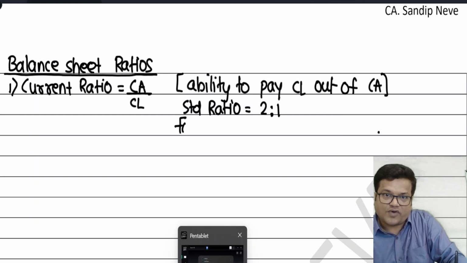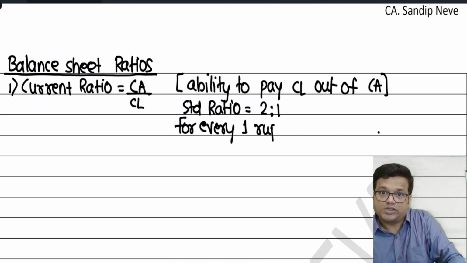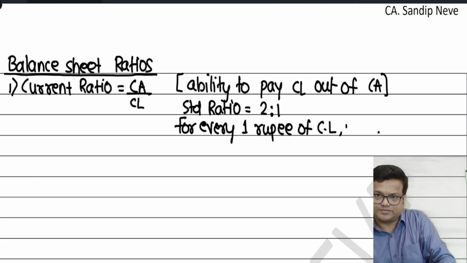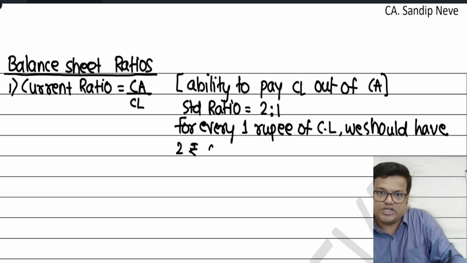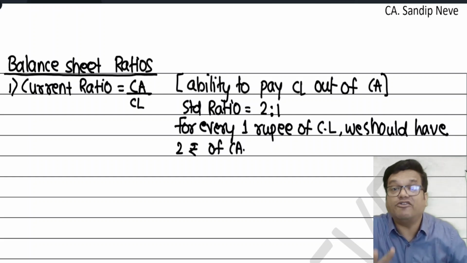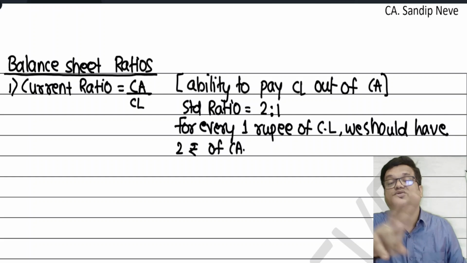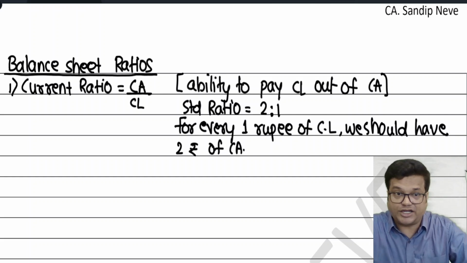It means for every 1 rupee of current liability, we should have 2 rupees of what? Current assets. Friends, for every 1 rupee of current liability, how much should we have? We should have 2 rupees of current assets. This becomes our current ratio.